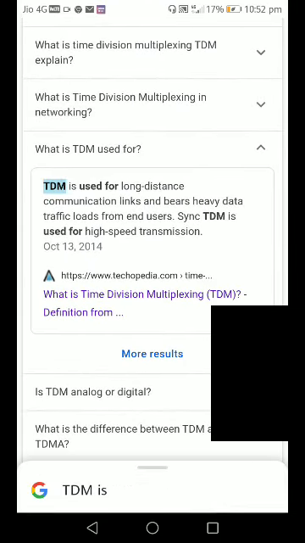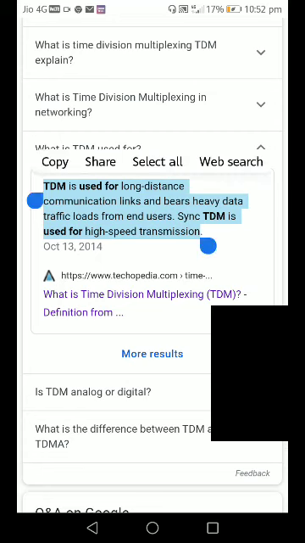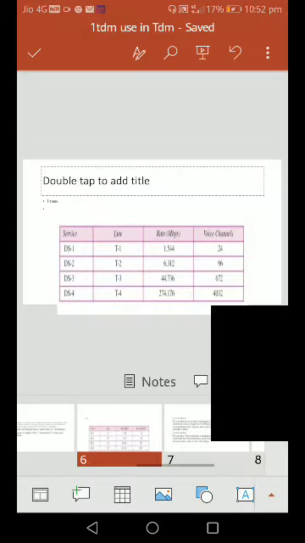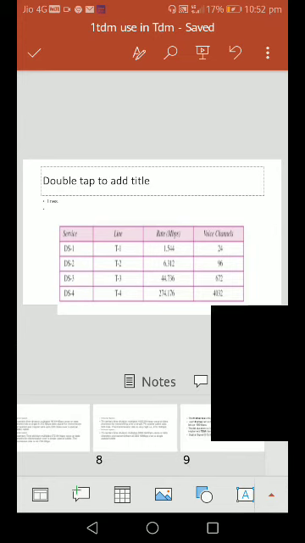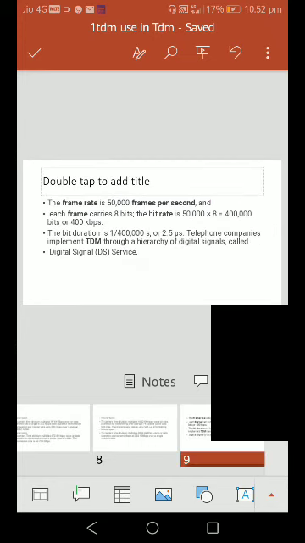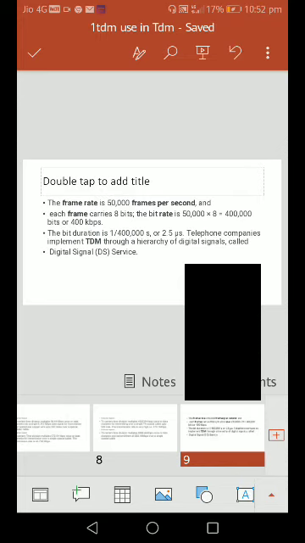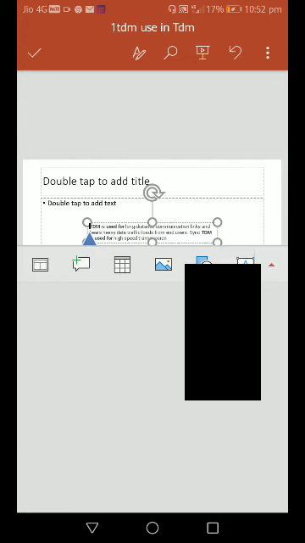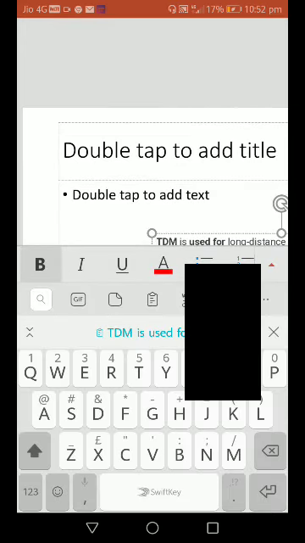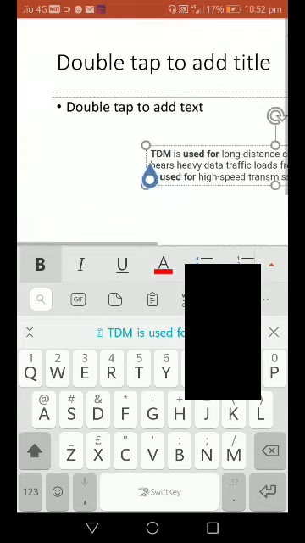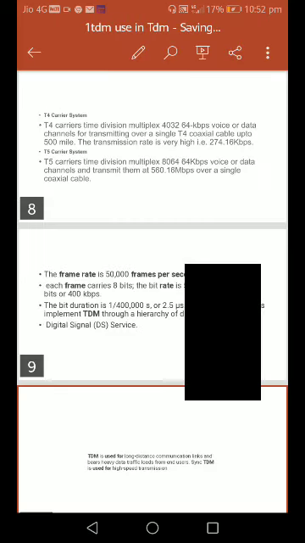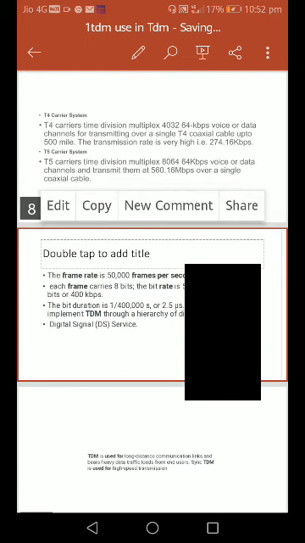Time division multiplexing is also used for the data bitrate. Here we take the bitrate, which depends on the frame rate.